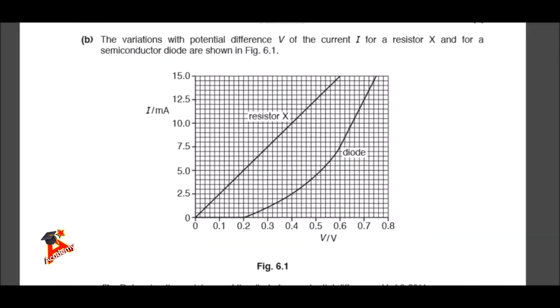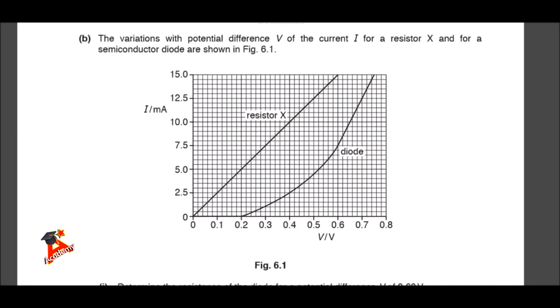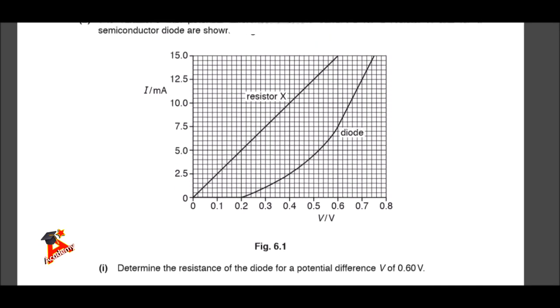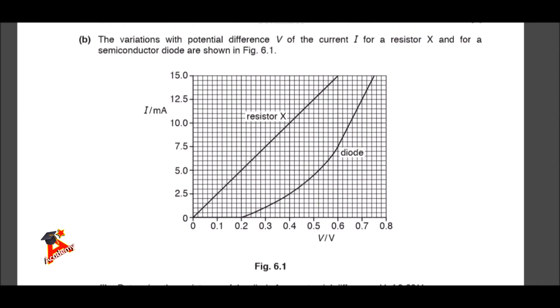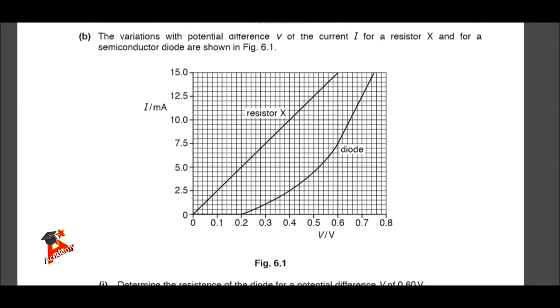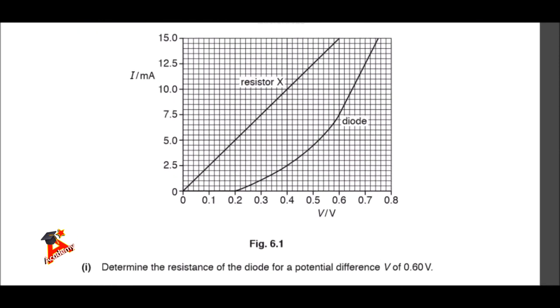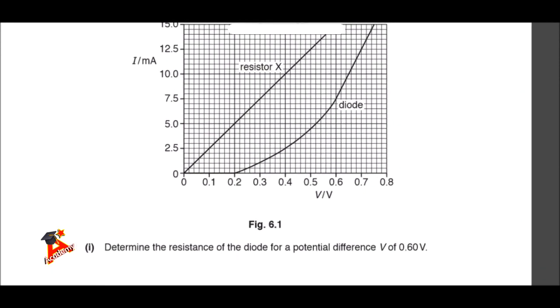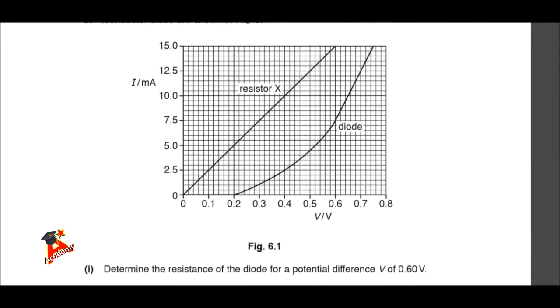The other part of the question says the variation with potential difference of the current for a resistor X and for a semiconductor diode are shown. Determine the resistance of the diode for a potential difference of 0.6 volts.